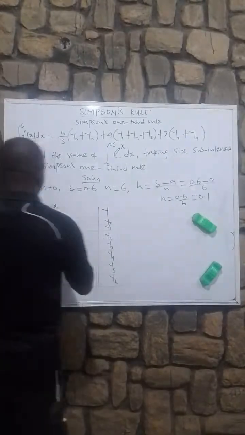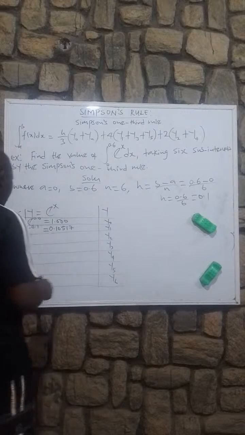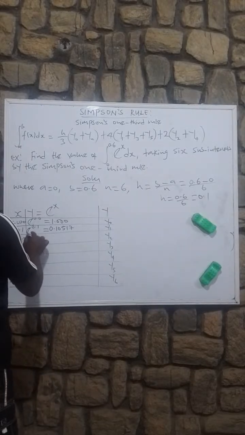Then press exponential 0.2, exponential 0.3, exponential 0.4, exponential 0.5, exponential 0.6.